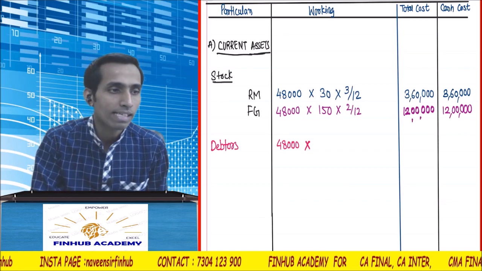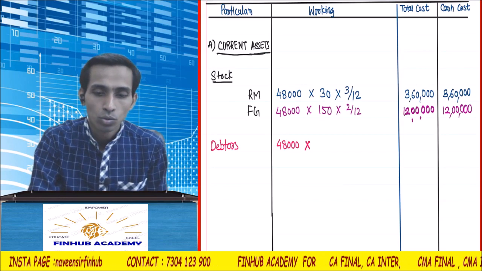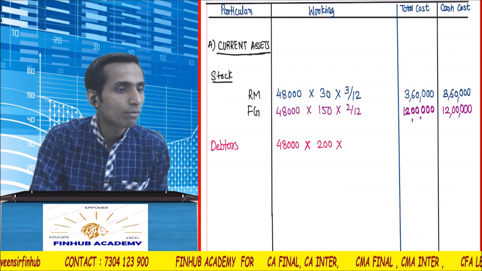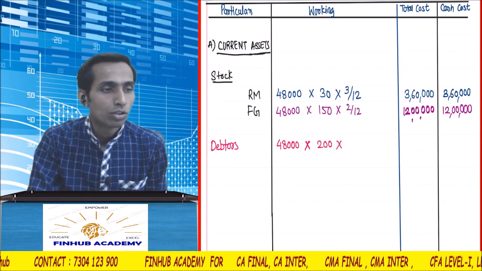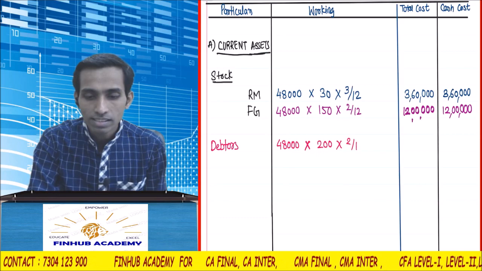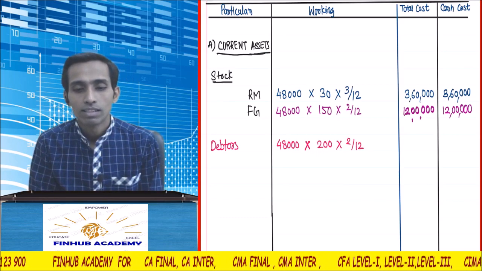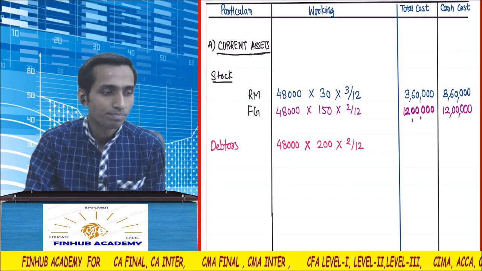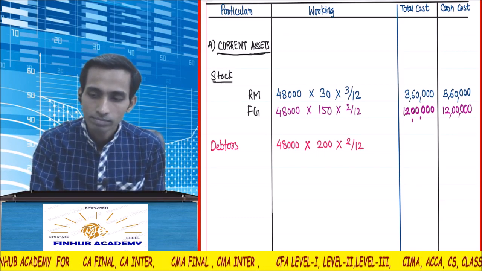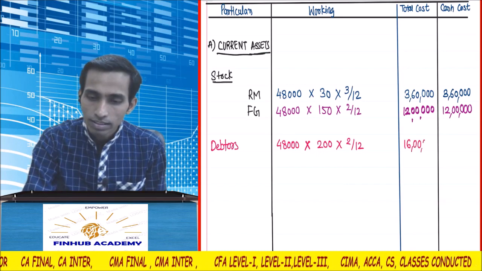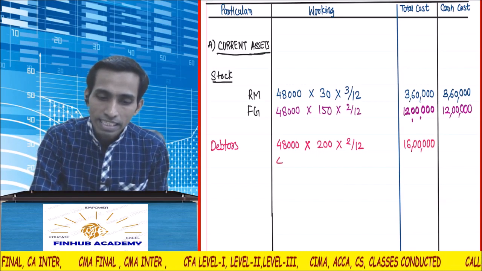How much is the selling price? 200. What is the period for debtors? 2 months. 2 by 12. Fourth line, credit allowed to customer is 2 months. So answer is what? 16 lakhs. Wow.